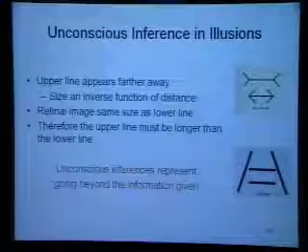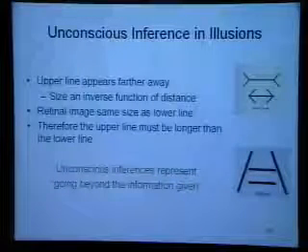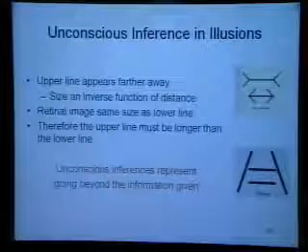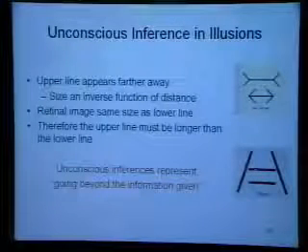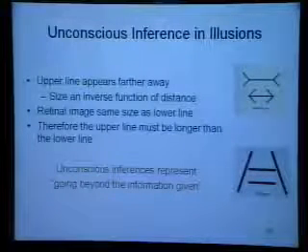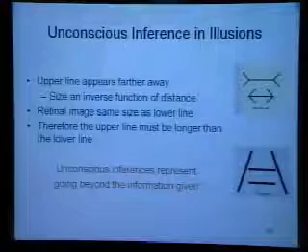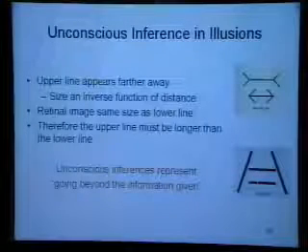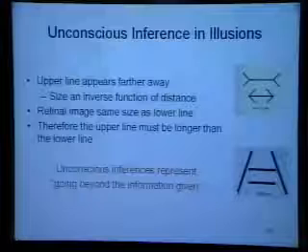But now if you think about these things as receding in distance, and you apply the size-distance rule, this object casts an image on the retina that's exactly the same as this line, but if you perceive this line as farther away because of the distance cues provided by these converging lines, then your perceptual system will conclude that this line must actually be longer. This line should be longer than this one if this line, being farther away, is going to cast an image of the same size as this line.